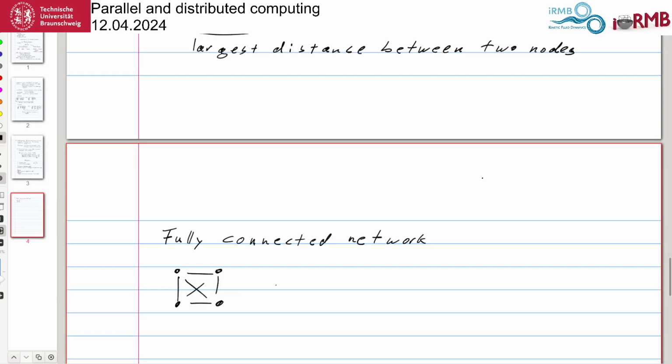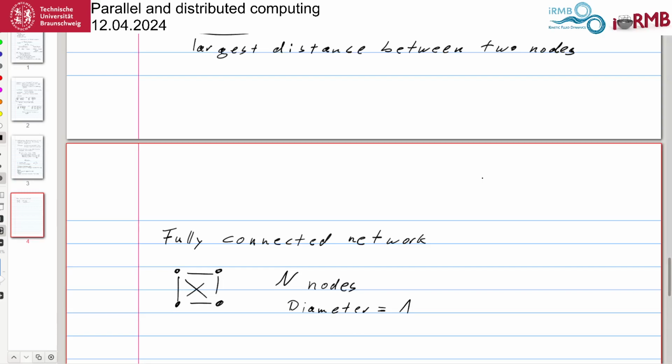Now say we have n nodes in this fully connected network, so what would be the diameter? The diameter is the furthest distance you have to go between two nodes. Because they are all connected, there would be a diameter of 1.